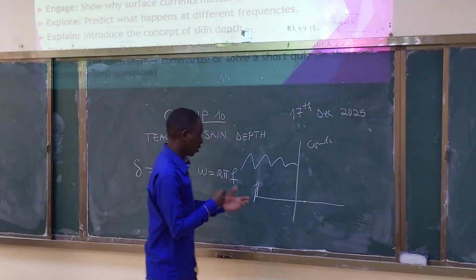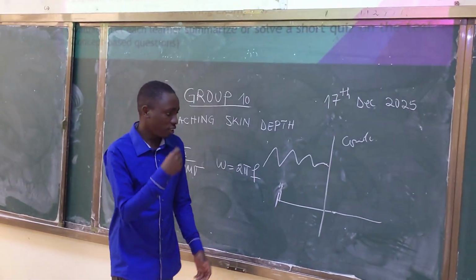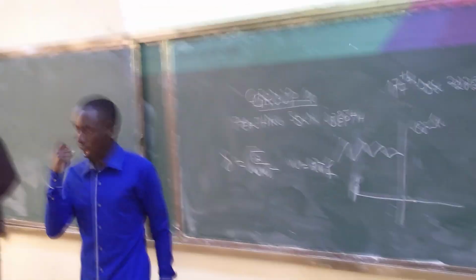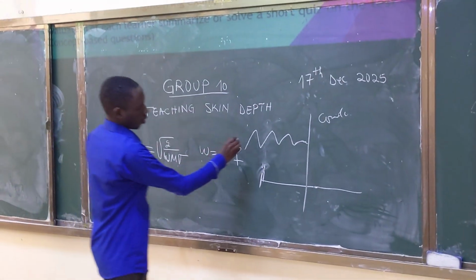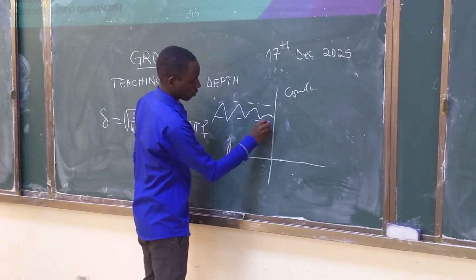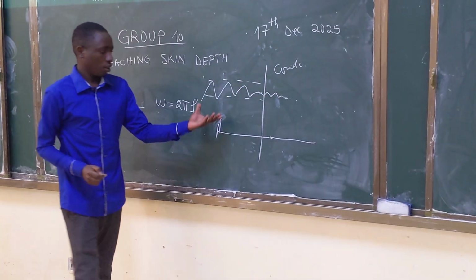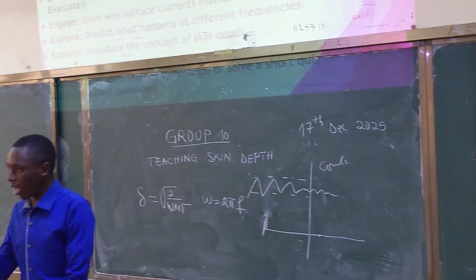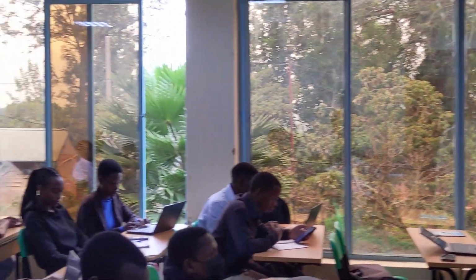It means that it attenuates. When it attenuates, the amplitude is reducing. This diagram helps learners to acquire this concept in a simple way.